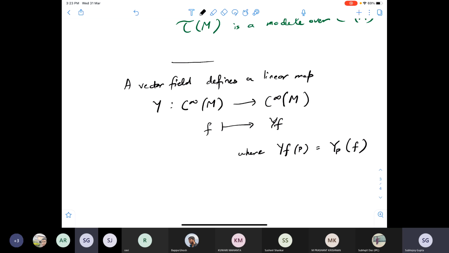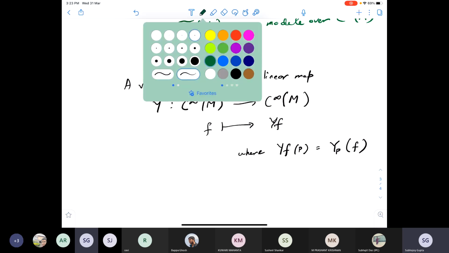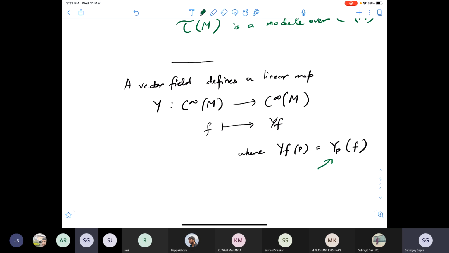So Y_P, belonging to the tangent space of M at P, is a derivation at P. The derivation at P acts on the smooth function f and gives you a number, and that's the number Yf of P.